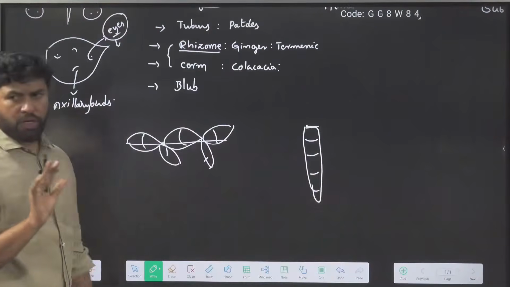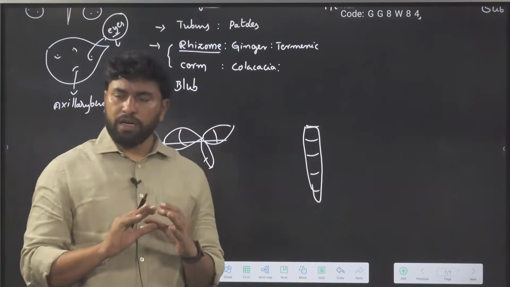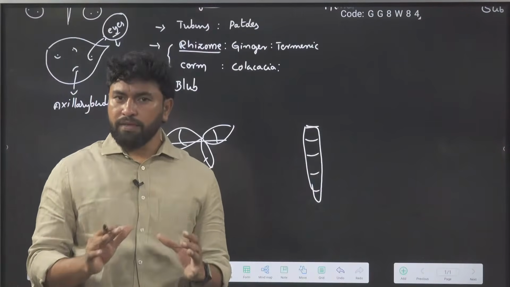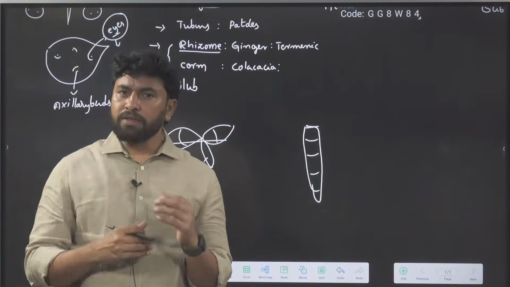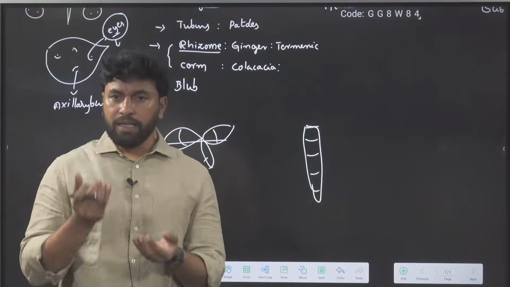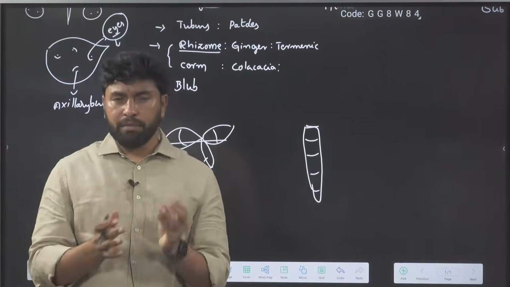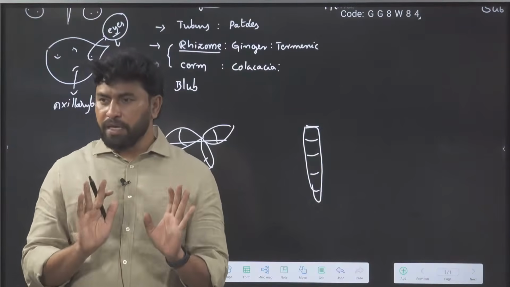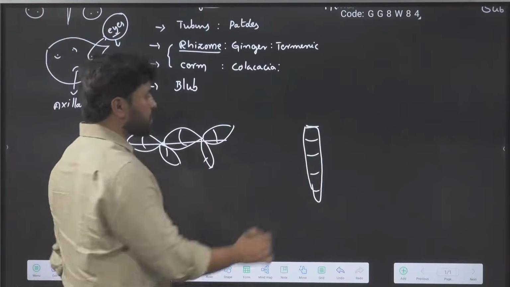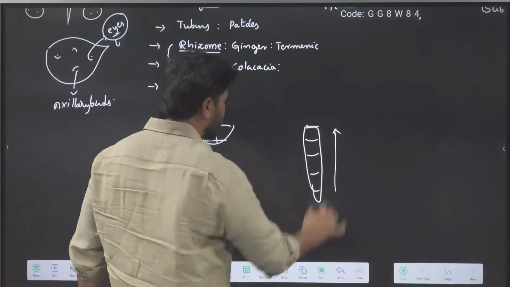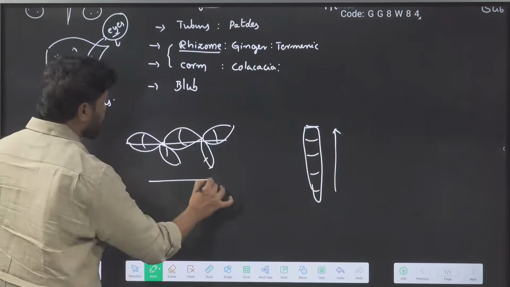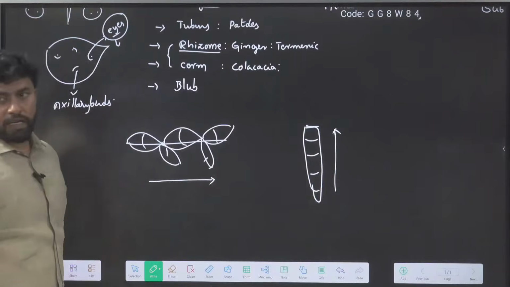But both are storing food. Be careful, both are underground stems, both have nodes and internodes, and also scaly leaves. Under the scaly leaves they have axillary buds, but everything is the same. The difference is, a corm is a vertically growing underground stem, a rhizome is a horizontally growing underground stem.